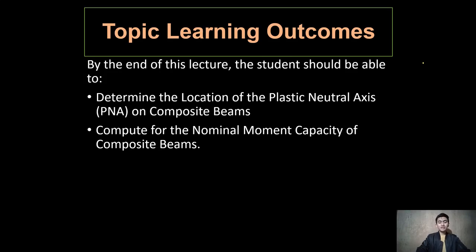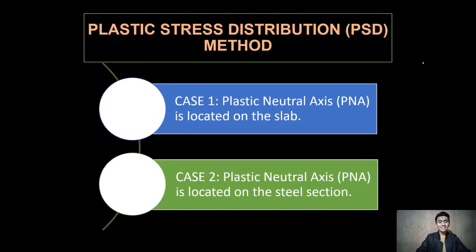All right, let us start off by defining some of the concepts under the plastic stress distribution method. There are two cases under the PSD method. Case number one: the PNA or the plastic neutral axis is located on the slab, or the concrete slab of your composite beam.